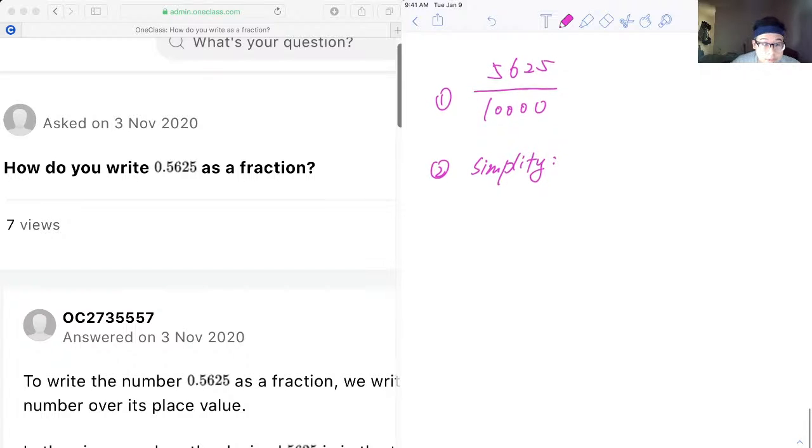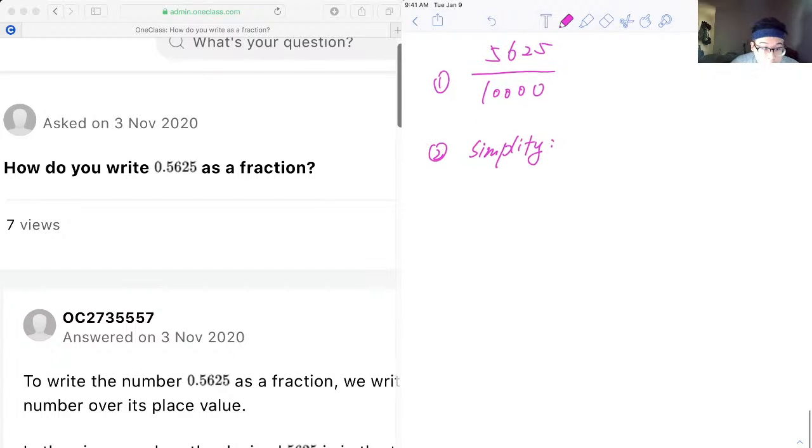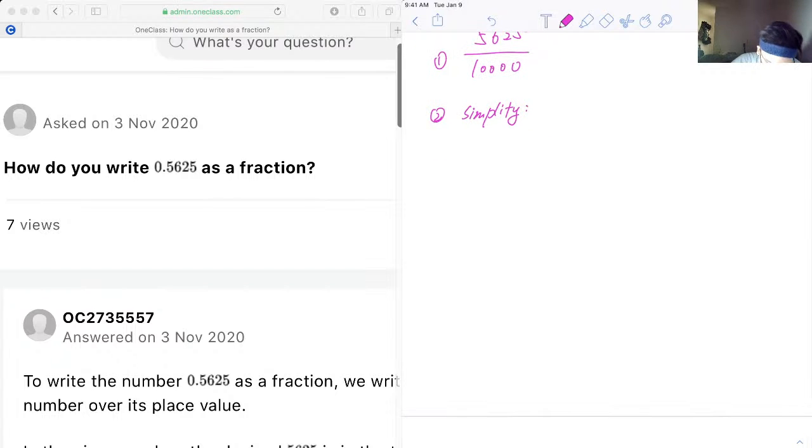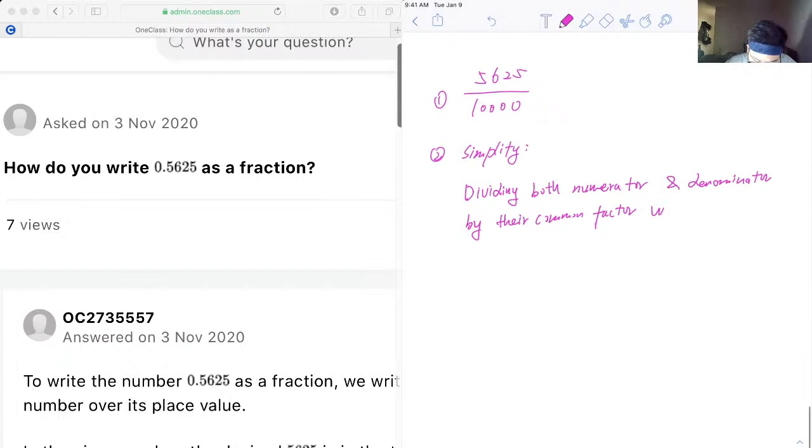And we need to simplify that by dividing both the numerator and denominator by their common factor, which in this case will be 625.